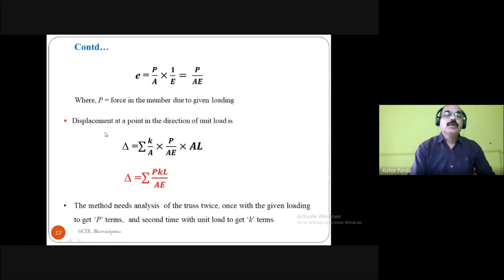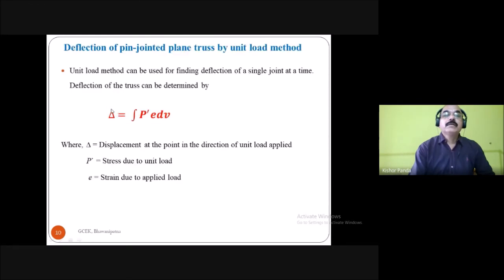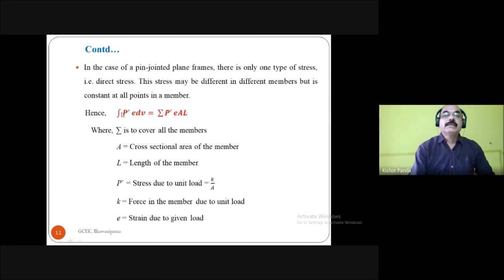Then you can find out the displacement at a point in the direction of unit load using this relation. So delta is equal to, you know here, this is the deflection at a point of the truss. The integration of P dash E dV is equal to summation of P dash E A L. So what is P dash?